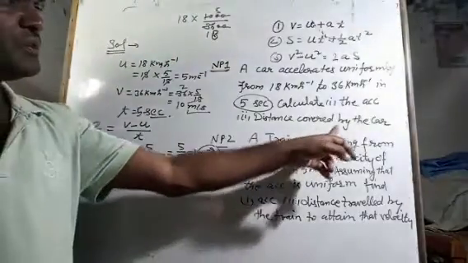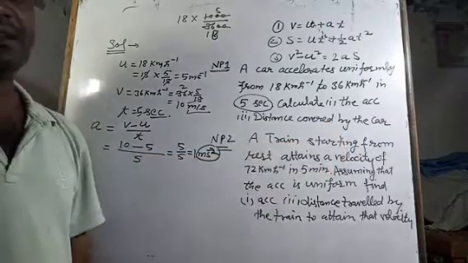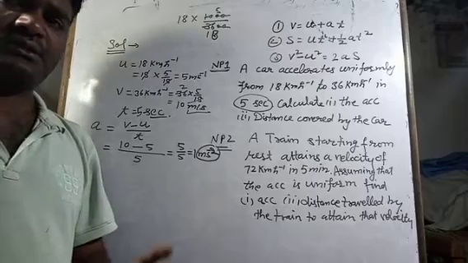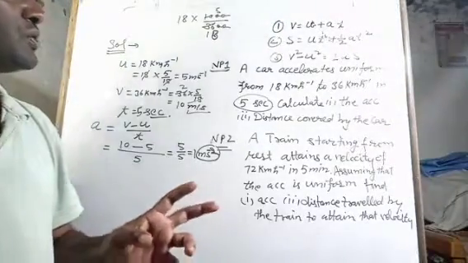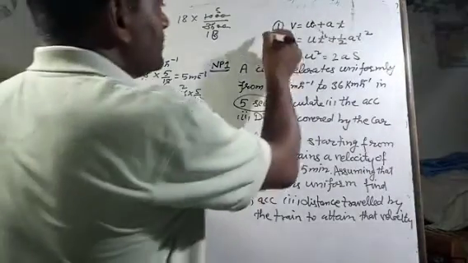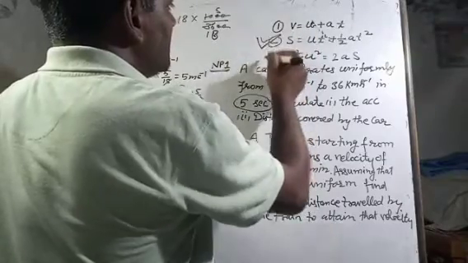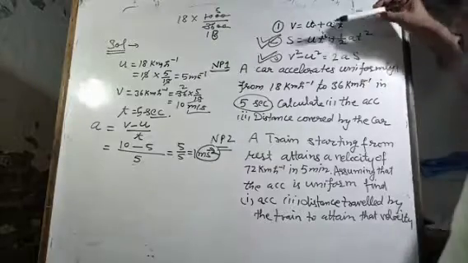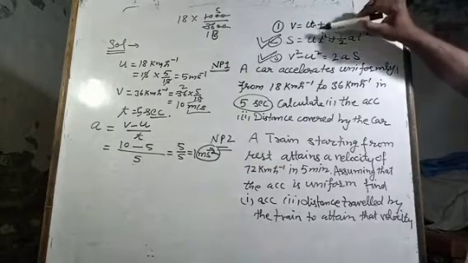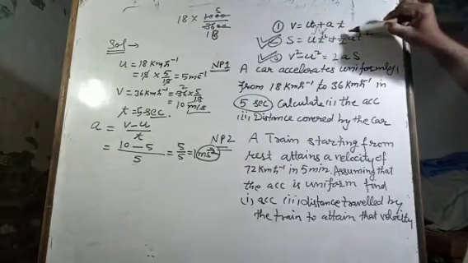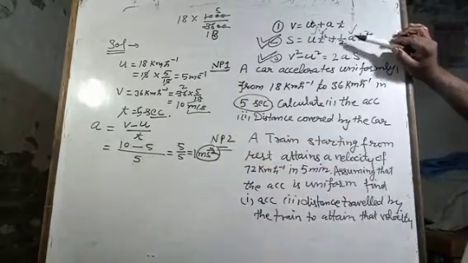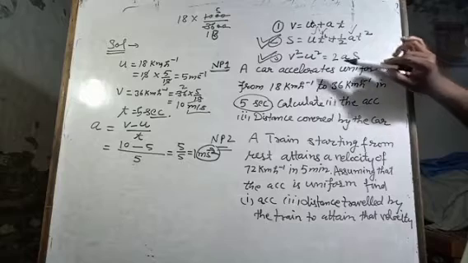Second point, we need to find out the distance covered by the car. So distance can be calculated either by this formula or by this formula. To calculate distance by this formula, we need initial velocity, time, and acceleration. All the three quantities we have there, so we can use this one also.